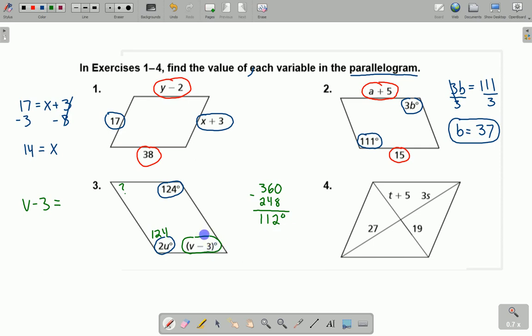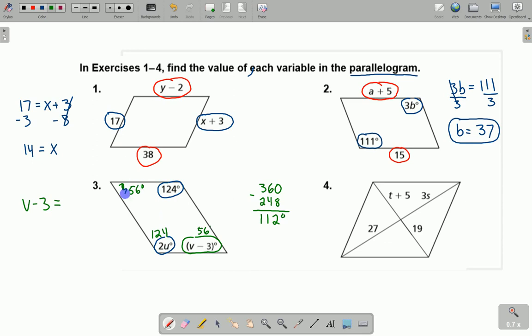But that is left over for these two angles. So if each of them add up to be 112, that means each of them must be 56 degrees. So we know each of these is 56 degrees using the properties of a quadrilateral. Well, that finishes our equation.